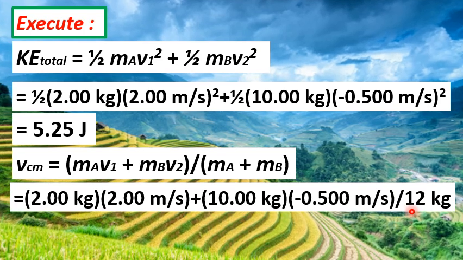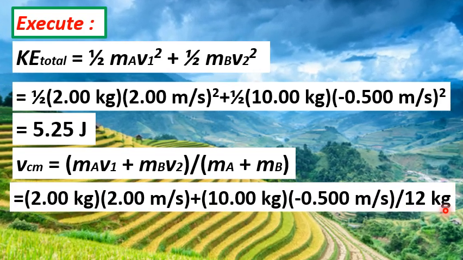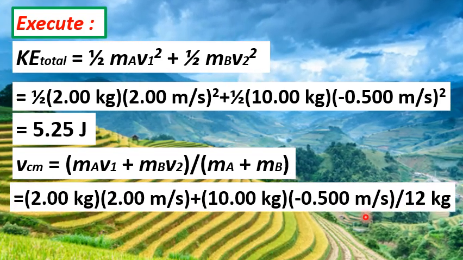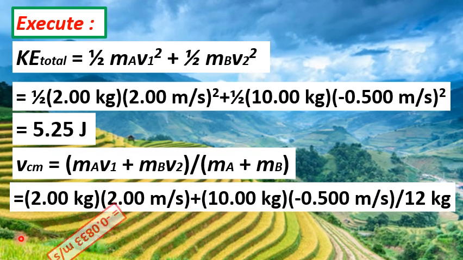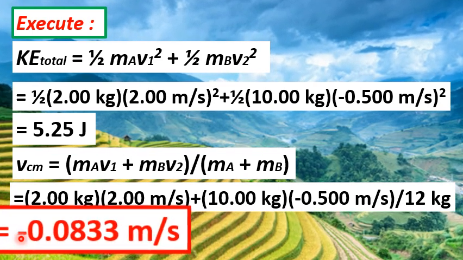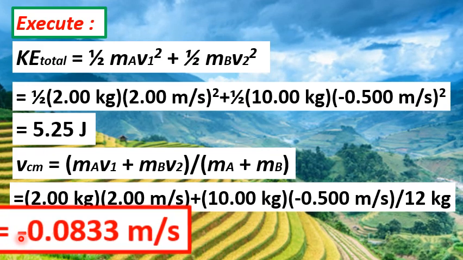Again, when we do our math, we get the value of v_cm equal to negative 0.0833 meters per second in three significant figures.